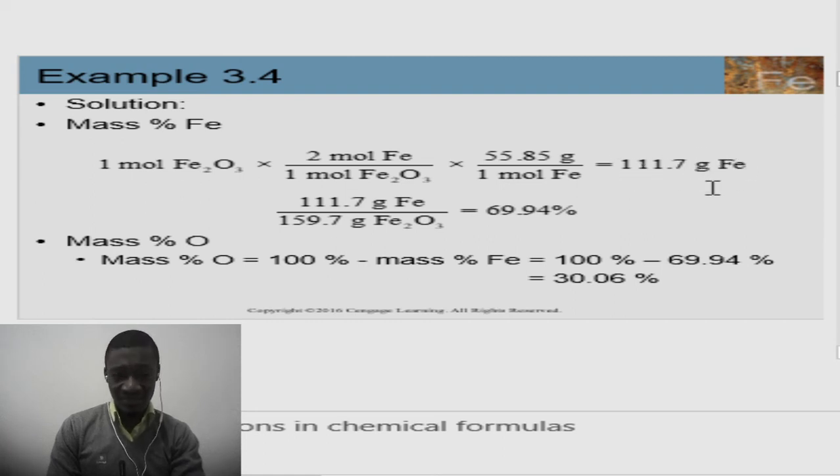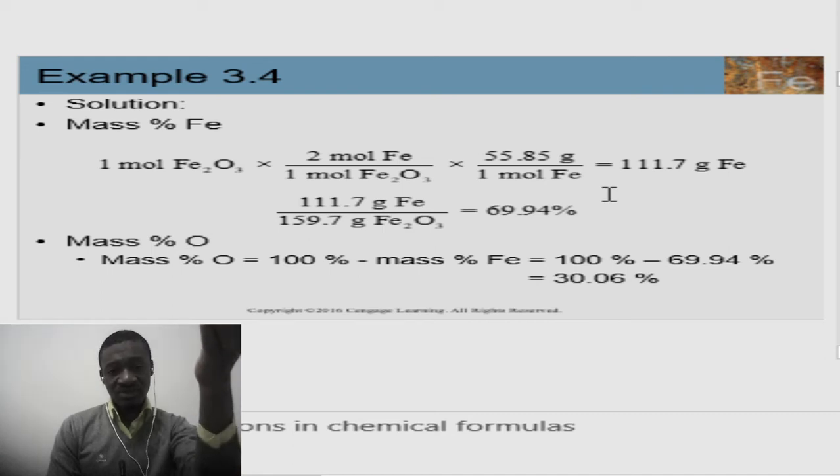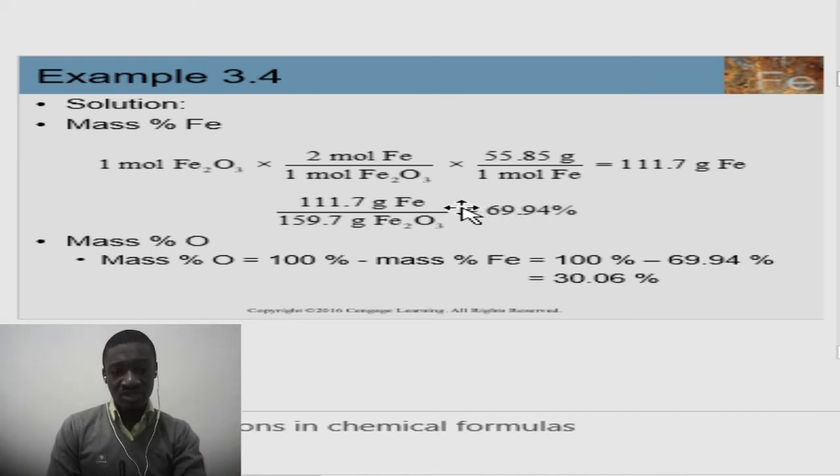And after that was gotten, we get the total, that is the molar mass of the compound. And the goal is for you to take the mass divided by the total, multiply by 100. Notice that multiply by 100 is what gives you this value. In reality, if you divide through, you have 0.6994. So multiply by 100, you have this value.